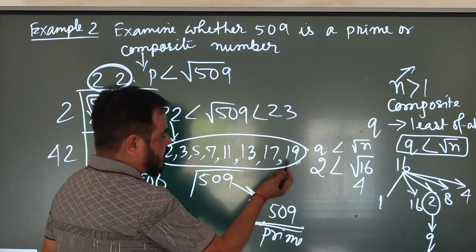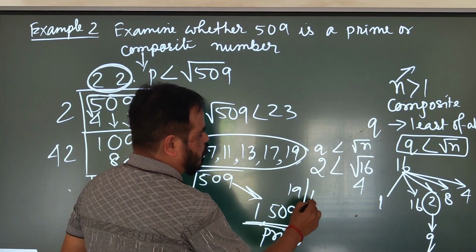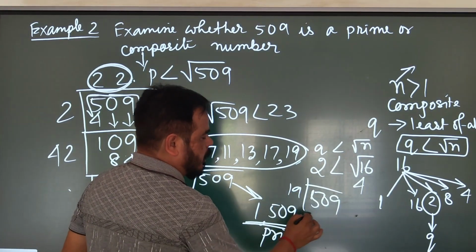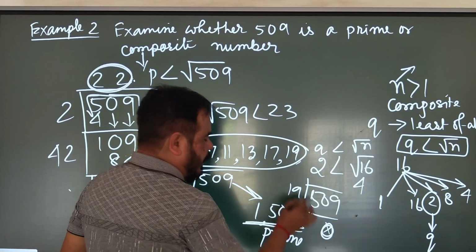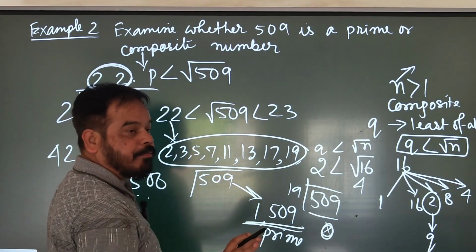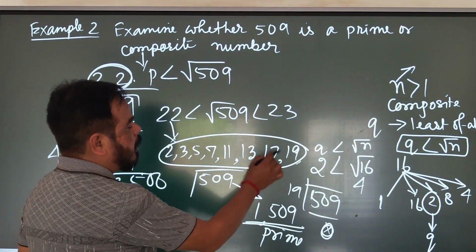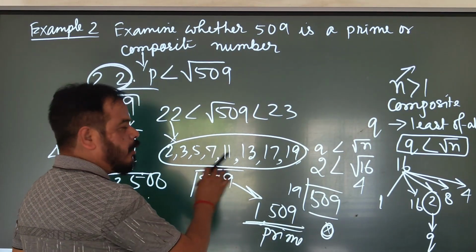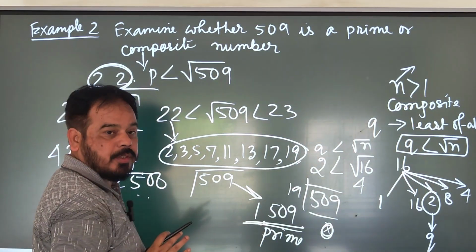If among these numbers, suppose by 19 we could divide 509, and 509 is divisible by 19, we will get remainder 0. Then 509 will never be prime. Among these prime numbers, if anyone can divide 509, then 509 will not be prime, it will be composite.